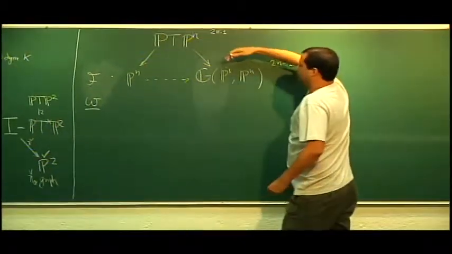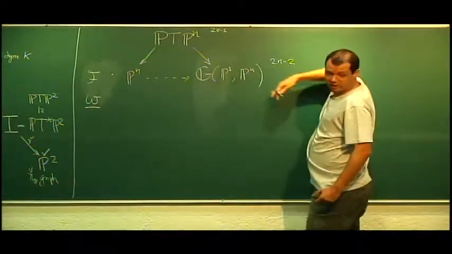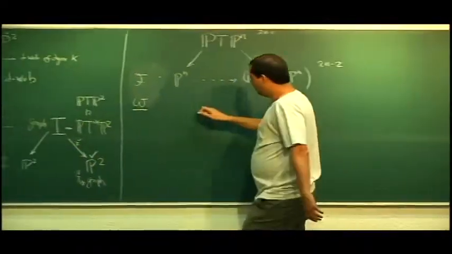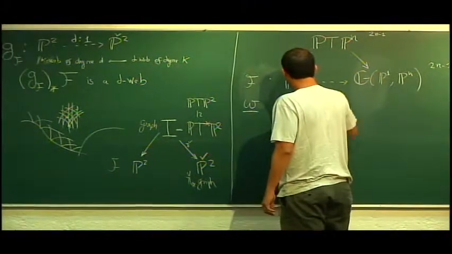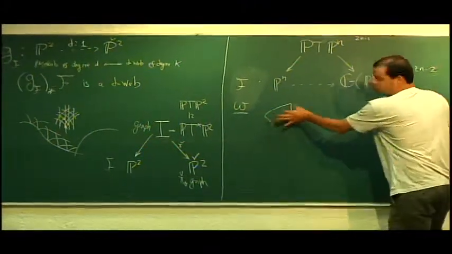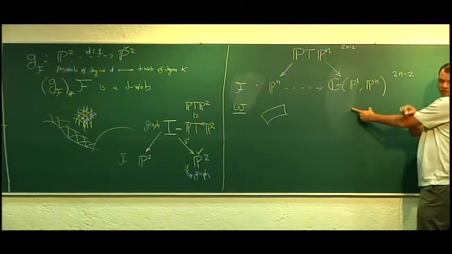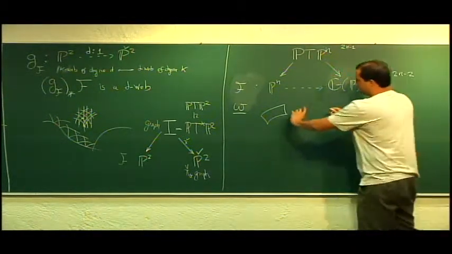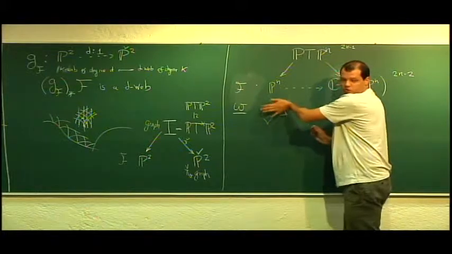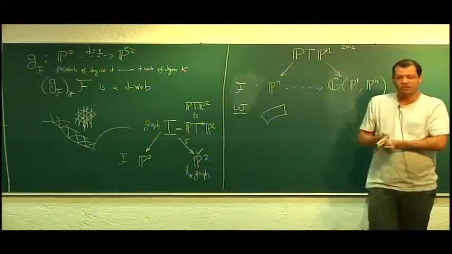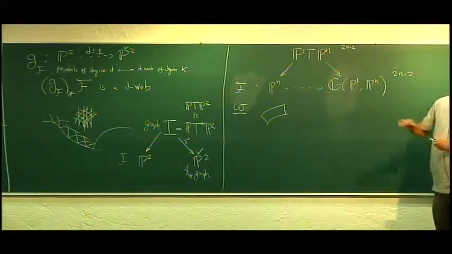And we can just try to take the direct image. So what I'm doing is taking a leaf, and to each leaf of the foliation, I'm associating a divisor on the Grassmannian, which is the union of all the tangent lines to this hypersurface, right?